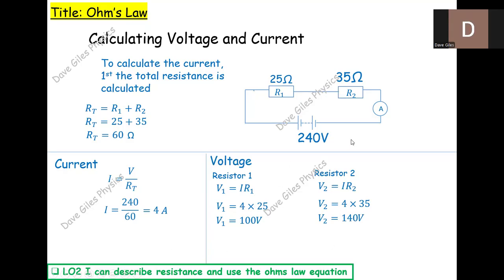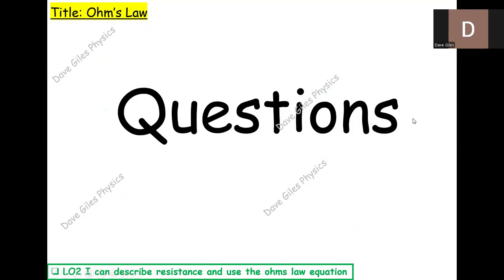You can do a quick check. Add these together, 100 add 140. The sum of potential differences should equal EMF, 240, which is the same as the EMF.